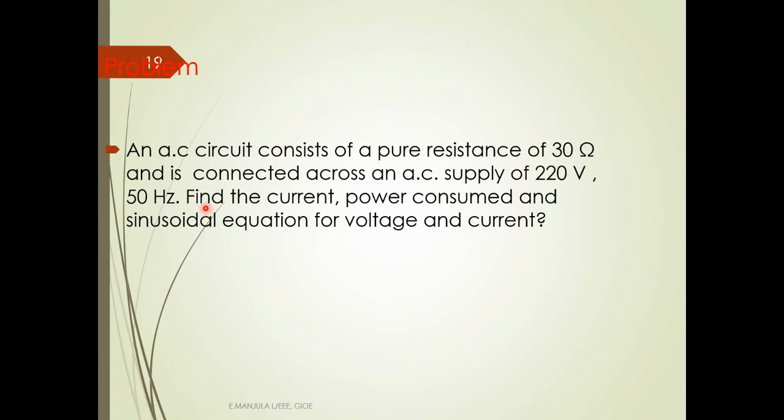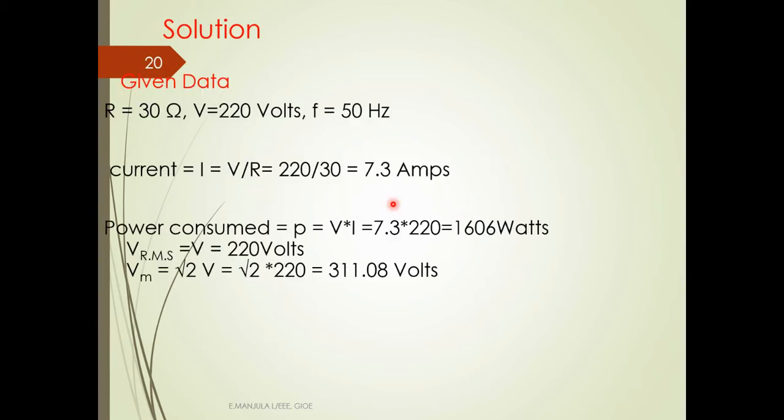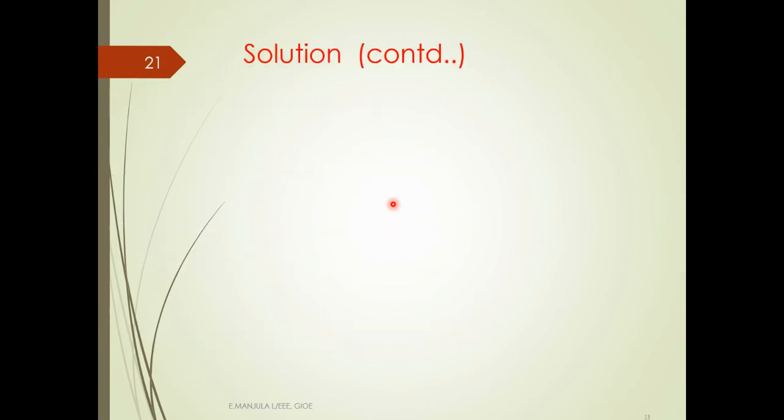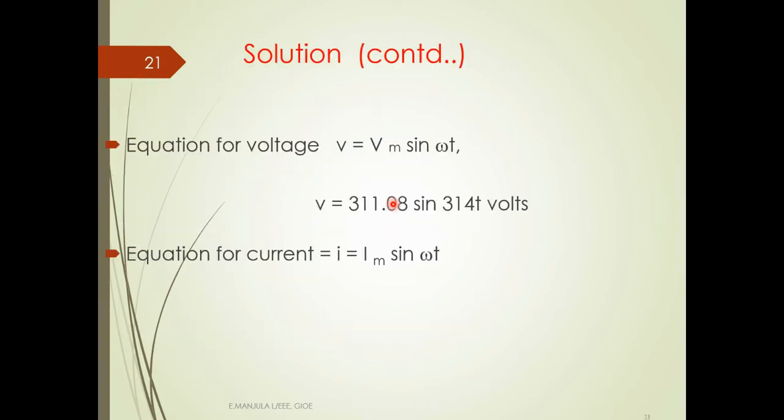In the given question, we have to find the current, power consumed, and the sinusoidal equations of the voltage and current. Till now we have found the current and the power. Now we will see the equations of the voltage and also the current.